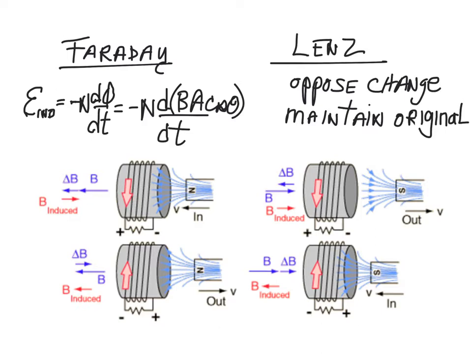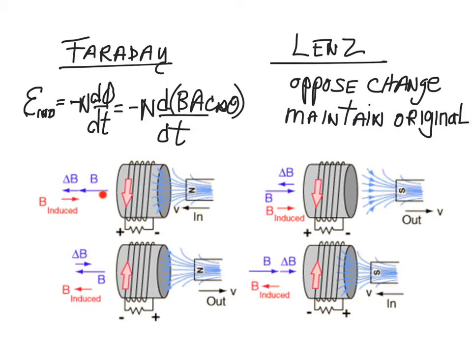So let's walk through these 4 situations, and then you can answer the questions about these diagrams. All the information is given here. It leaves nothing for you to guess at. So in figure A, the north pole of the magnet is moving into the coil. This arrow indicates that. And so the flux in this direction and the field in this direction is increasing. Since it's increasing, we have to oppose the change.